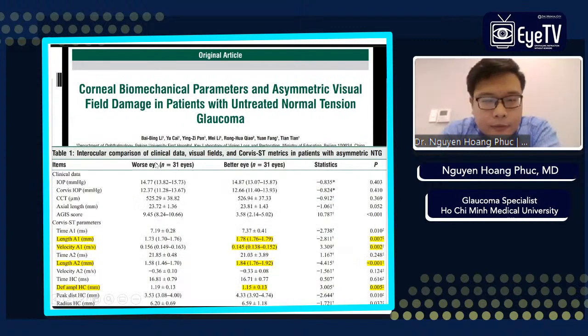This is research from China and very interesting. I really like it very much. They studied patients with normal tension glaucoma.